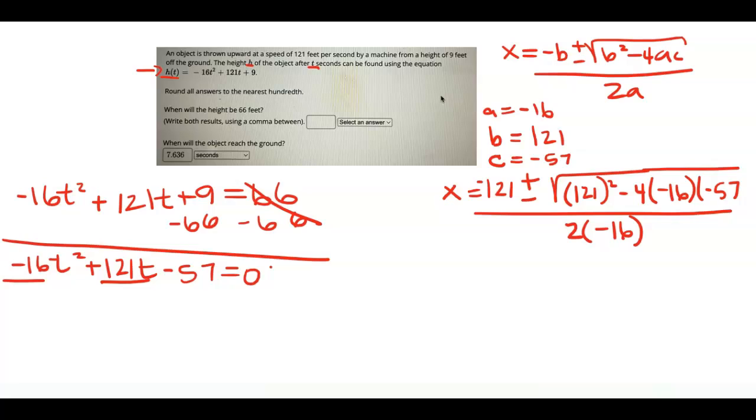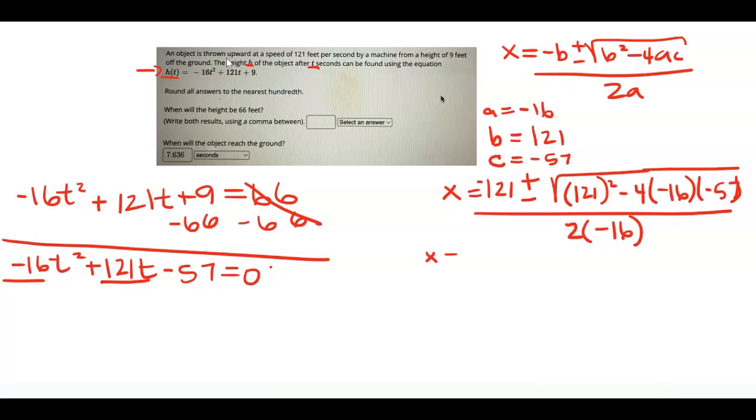I'm just going to check over really quick, make sure I've done this correctly. So I do have my a, b, and c correct: negative 16, positive 121, and negative 57. I have negative b, so negative 121, plus or minus the square root of b squared, which is 121 squared, minus 4 times a, negative 16, times c, negative 57. So I definitely pulled out my calculator for this part, but let's go ahead and keep solving.